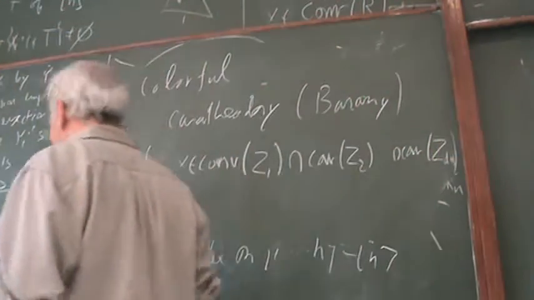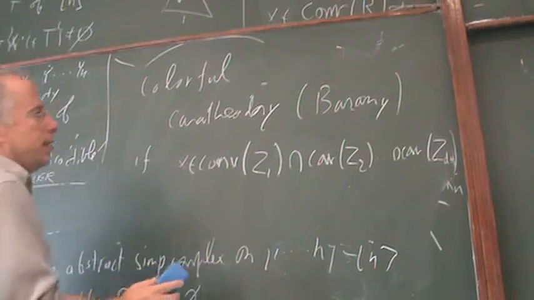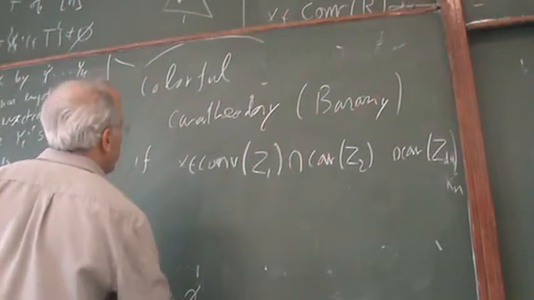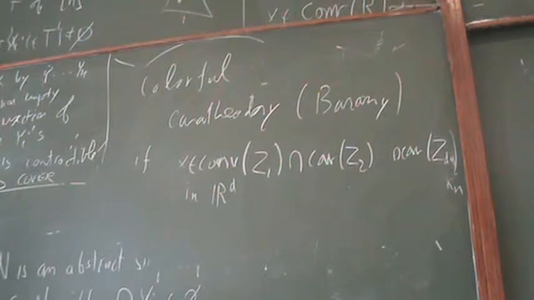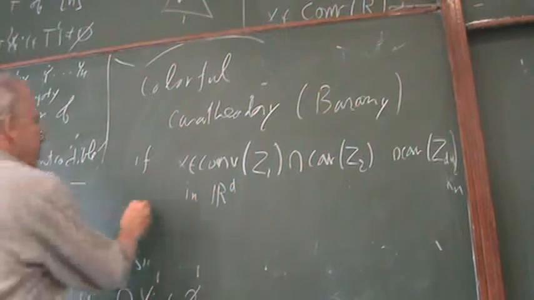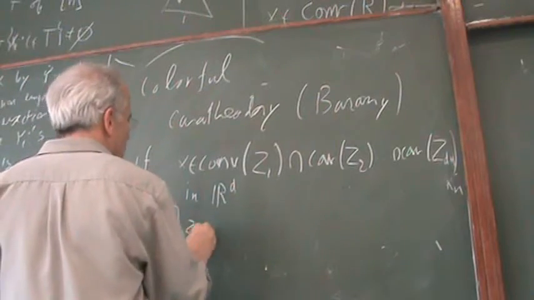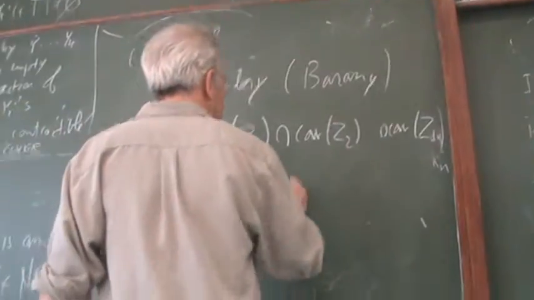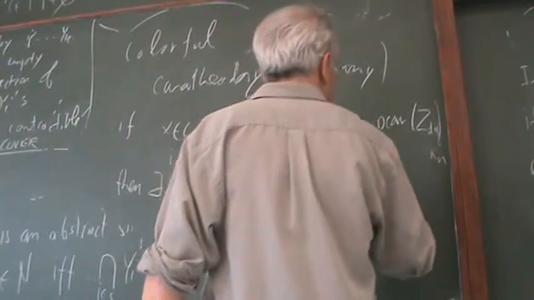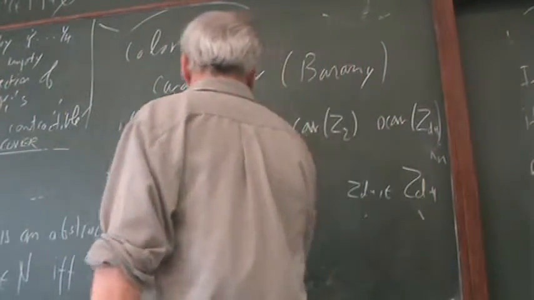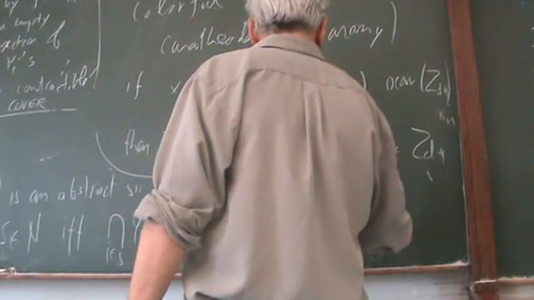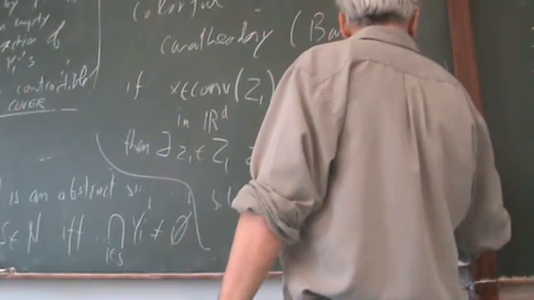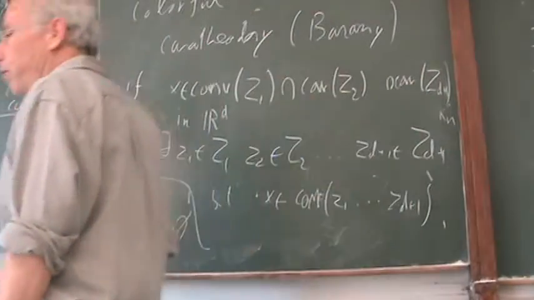So you have not one set, but d+1 sets in R^d. So you have d+1 sets in R^d, and x belongs to the convex hull of each one of them. Then there exist z1 in Z1, z2 in Z2, up to z_{d+1} in Z_{d+1}, such that x belongs to the convex hull of z1, z2, up to z_{d+1}. This is the colorful Carathéodory theorem.